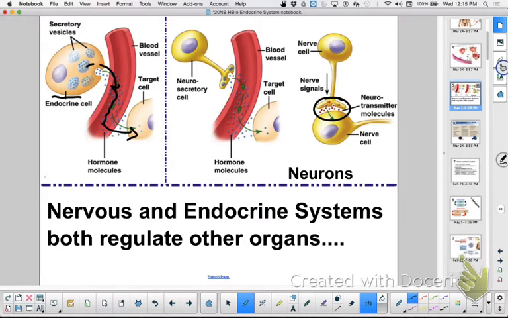And there, the chemical has a very tiny distance that it has to move. So that's one cell directly impacting another cell. And then in this case, a neurosecretory cell, like what we would see coming out of the hypothalamus and down into the posterior pituitary or into the stalk of the pituitary gland, it's like a nerve cell, but it's also secreting a hormone. So it's both of those that gets carried by the blood and impacts the target cell.